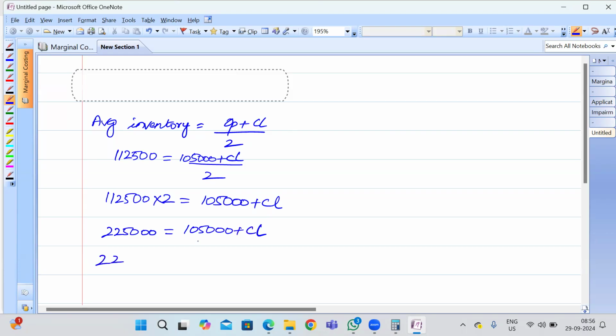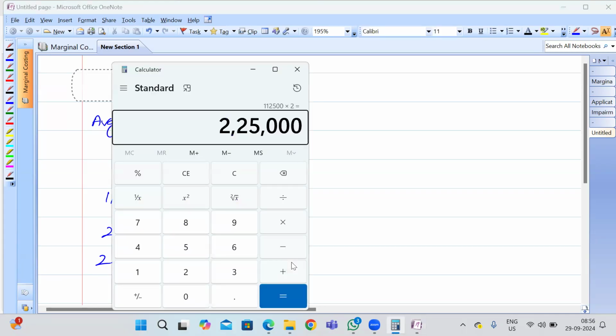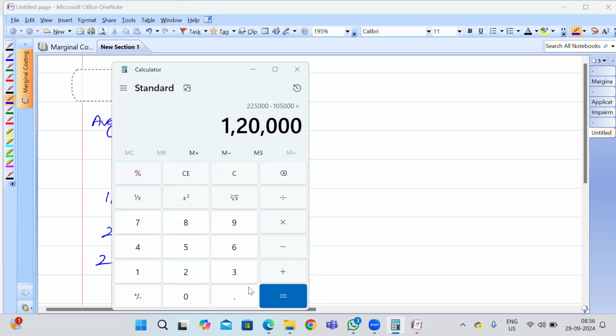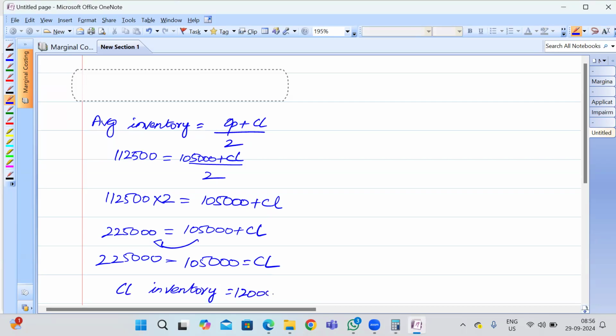This 1,05,000, if it goes to this side, should be minus 1,05,000. So I will get closing inventory as 1,20,000. So my closing stock or closing inventory is 1,20,000.